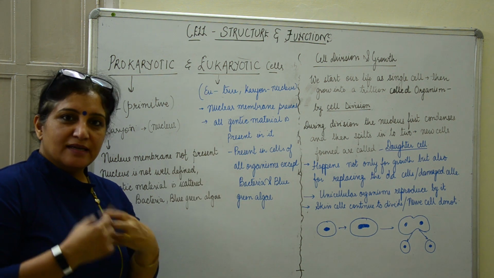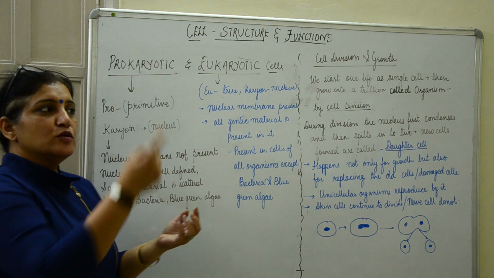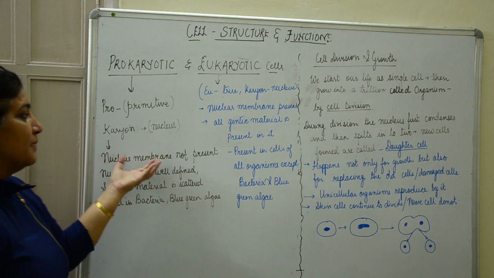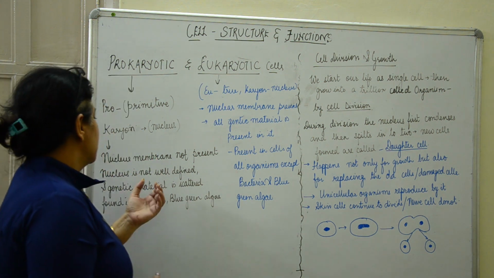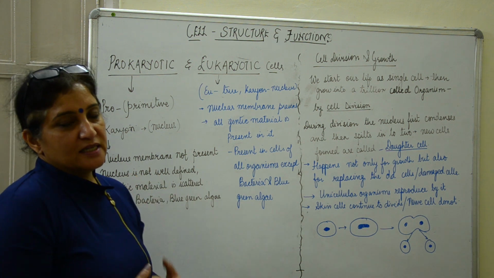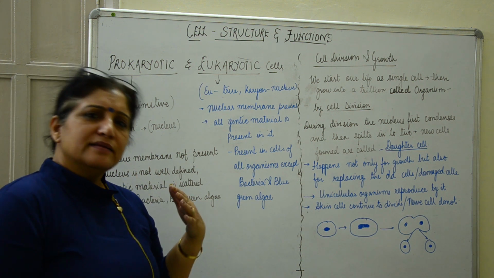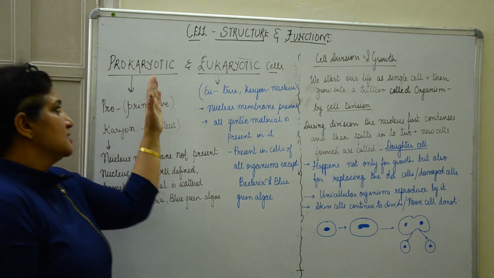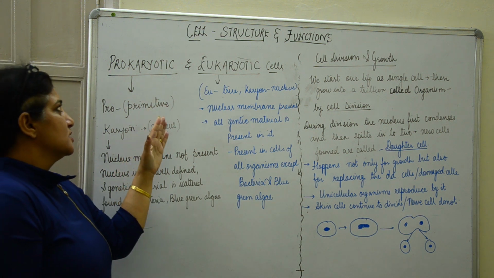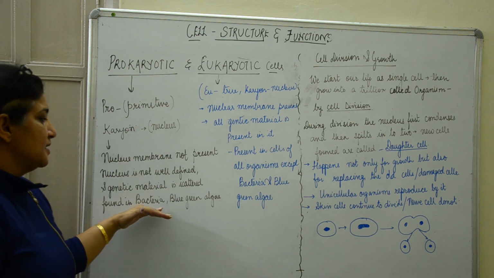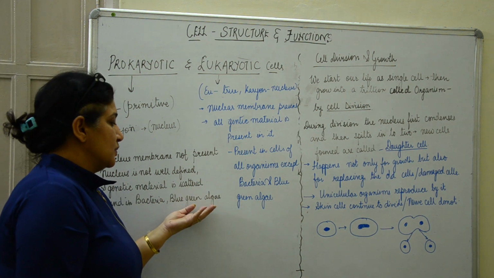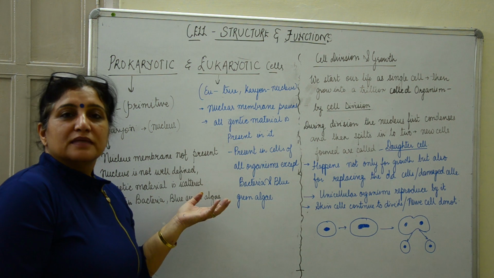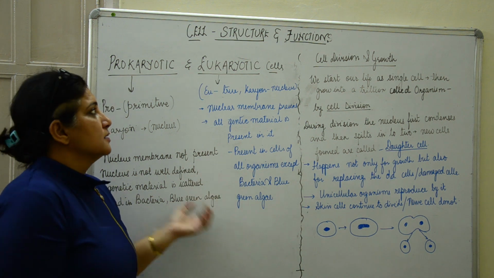The genetic material is scattered in the cells. The nucleus doesn't contain a nuclear membrane. So the nucleus is not membrane bound here, and all the genetic material is scattered in the cell, and the nucleus is not well defined. So that is why we call it a prokaryotic cell, and it is present in bacteria and blue-green algae, which we say were the first living organisms that came on earth.